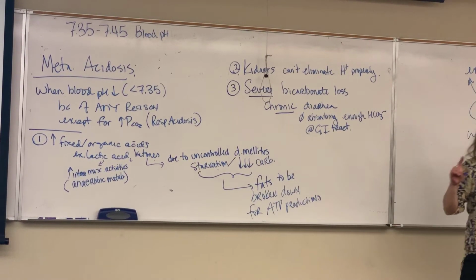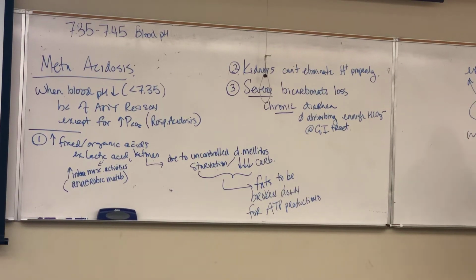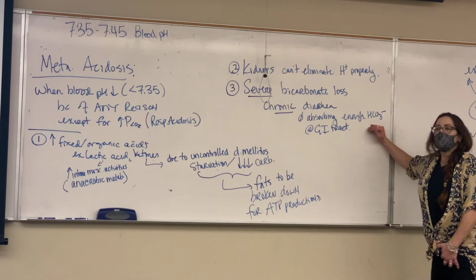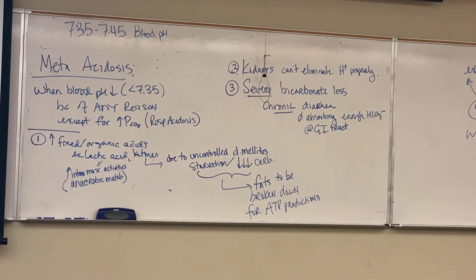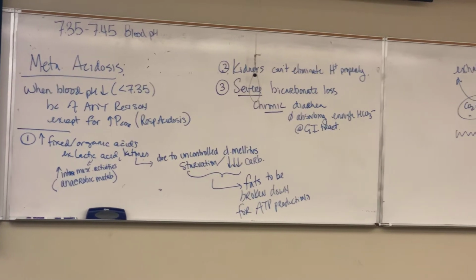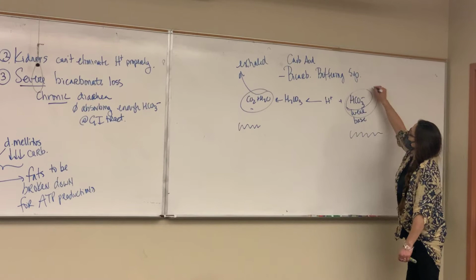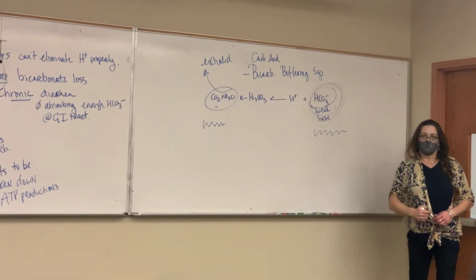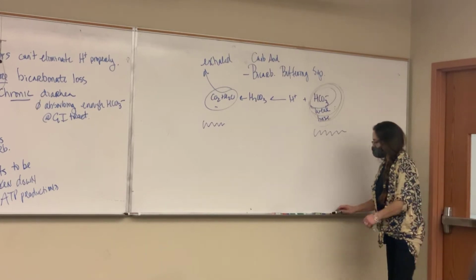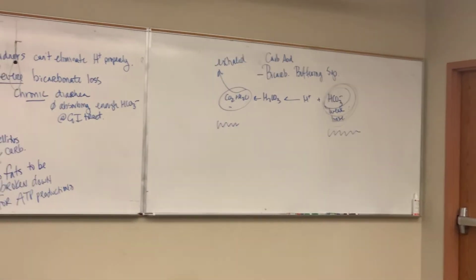So now let's think about, why does that cause an acidotic state? If you don't have enough bicarb, okay, that brings us over to your major extracellular buffering system, this guy right here. If you don't have enough of this, and you should have a lot of that in your extracellular fluids, you should have a bicarbonate reserve extracellularly.